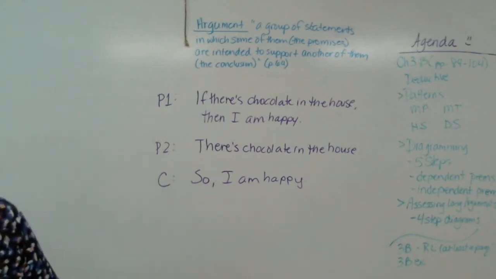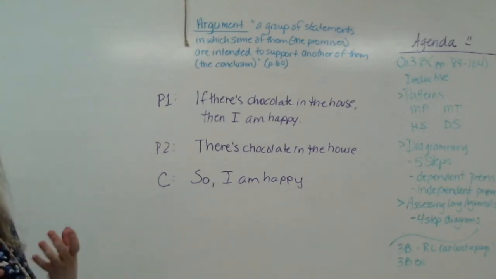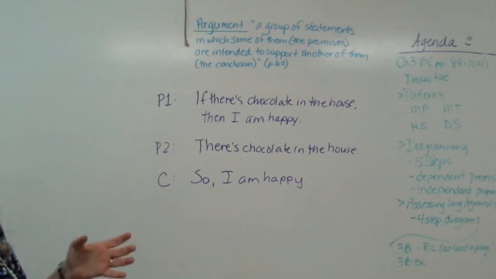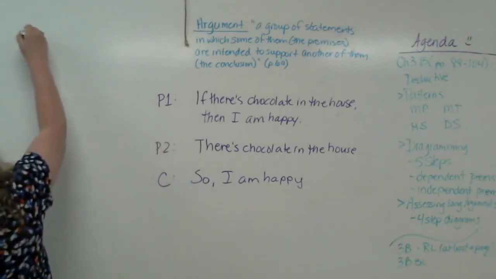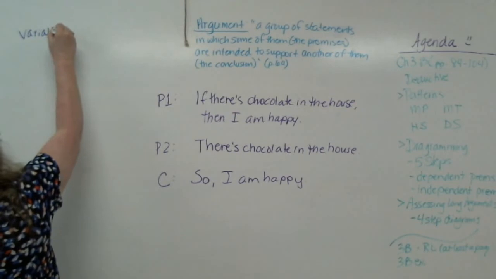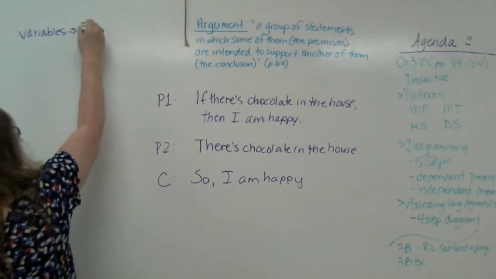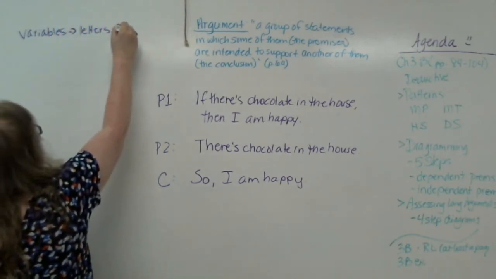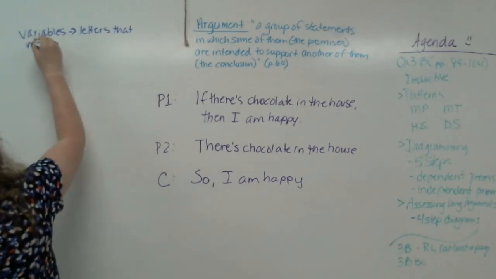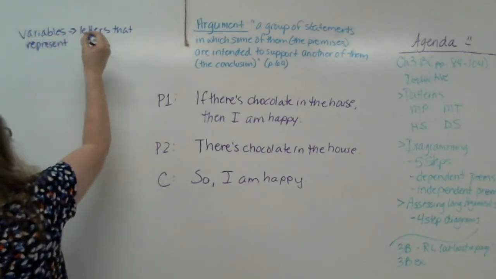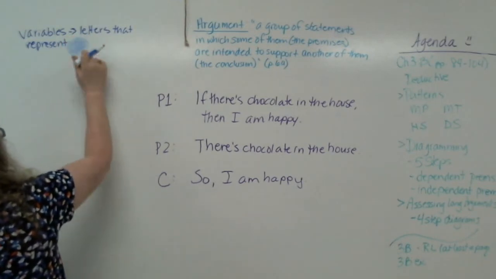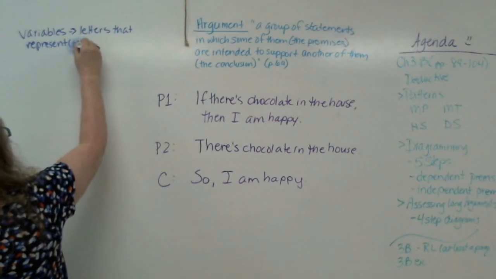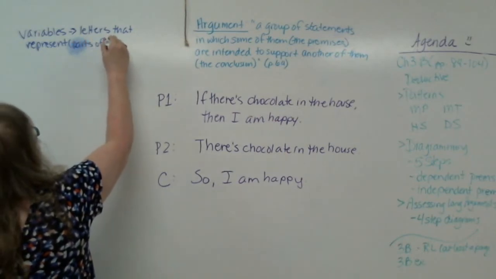Now, when we're looking at labeling the argument and getting our variables, variables are letters that represent phrasing or parts of premises.